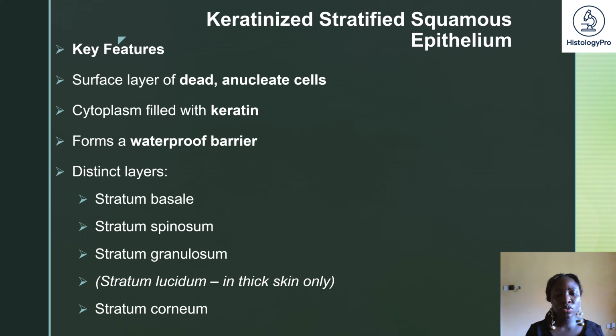Next is the stratum spinosum, stratum granulosum, and stratum corneum, or what we call the horny layer, which is the superficial layer in this epithelial tissue. Together, these layers enable the tissue to withstand friction, mechanical stress, and water loss.